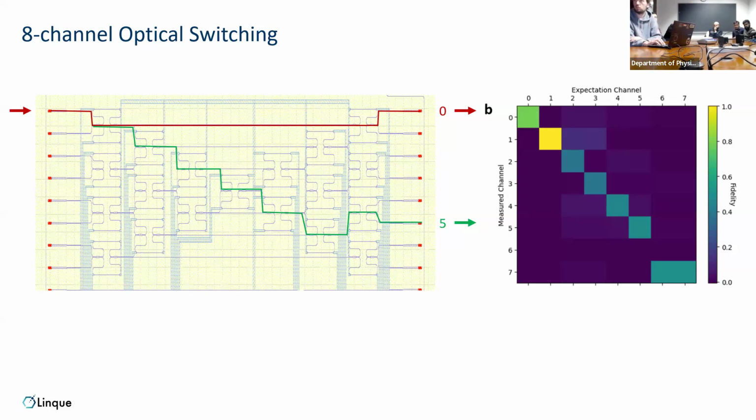So you're adjusting the thermal switching at every step, and then you want to target a channel. But the signal may go to a different channel, and you see the fidelity of that. In this case, this MZI at the bottom, a little to the left, couldn't be addressed because one of the op amps on the driver was broken, which means the result was just random. So there was a limit on how much you could tune it.